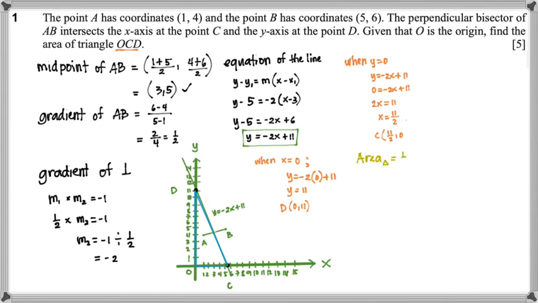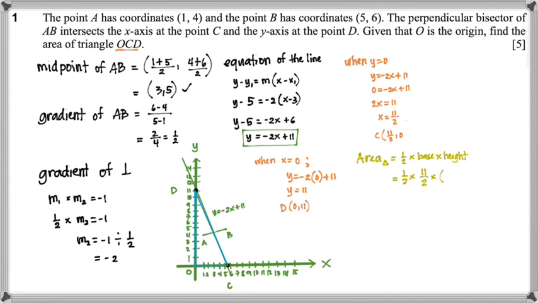Let's say the length of C from the origin is 5.5. That's our base. We have 1/2 times 11 over 2, multiplied by the height, which is from the origin to point D, which is 11. So times 11.